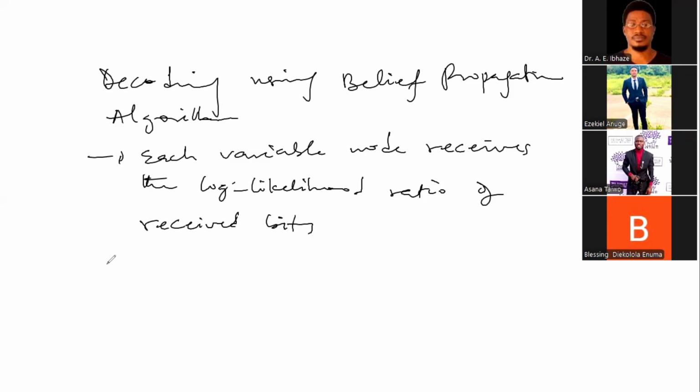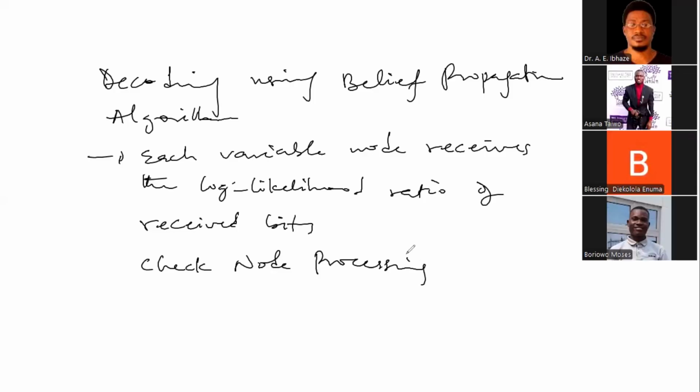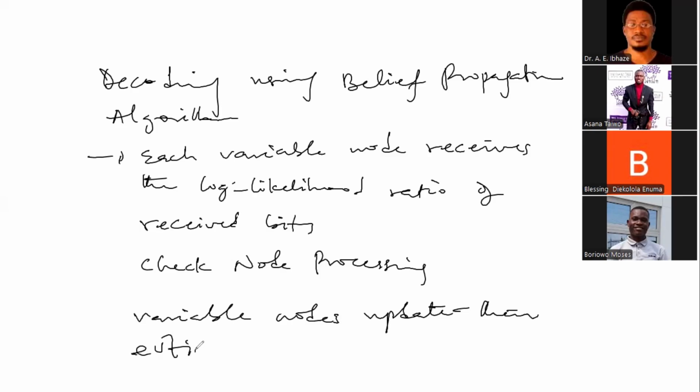And then afterwards, we want to check for node processing. For us to do that, the check nodes will now calculate the parity constraints. Then once the parity constraints are calculated, the variable nodes will now update their estimates based on the check nodes.